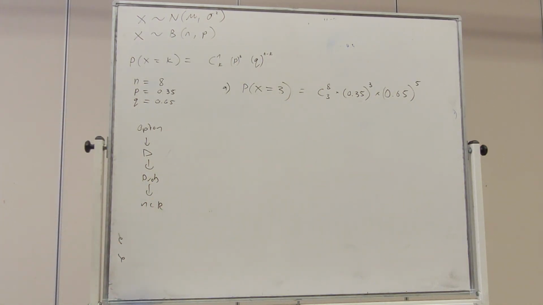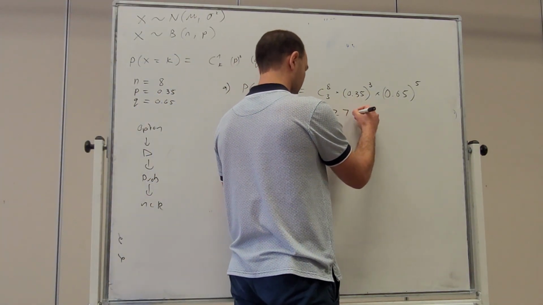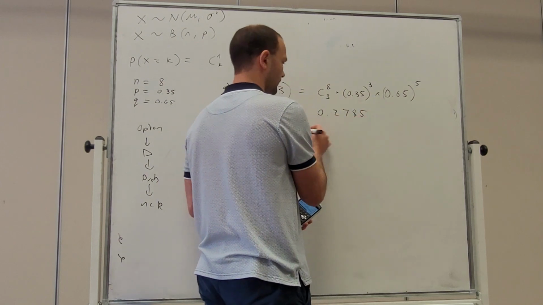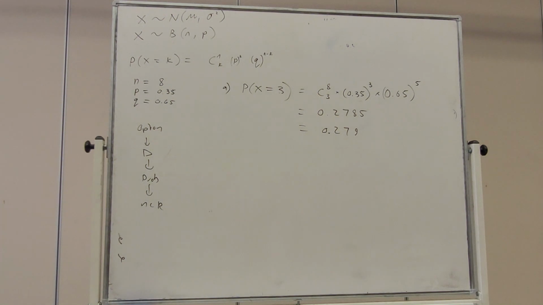And we're going to type in 8C3 times 0.35 to the power of 3 times 0.65 to the power of 5. Now this is the probability of an event occurring, right? And so I've got 0.2785, 4 figures, and rounding the fourth, 0.279.